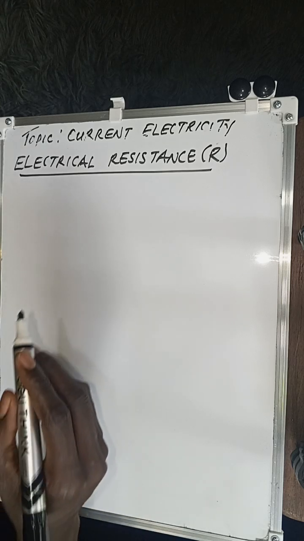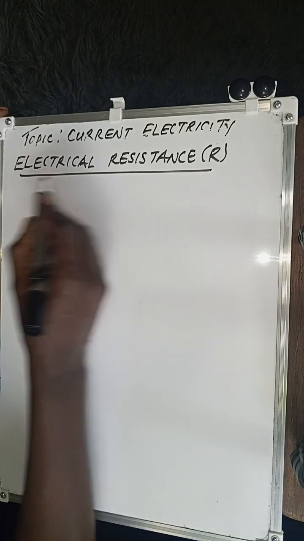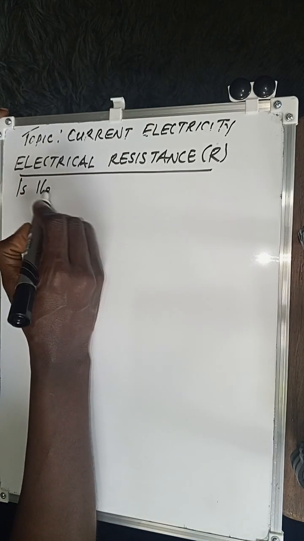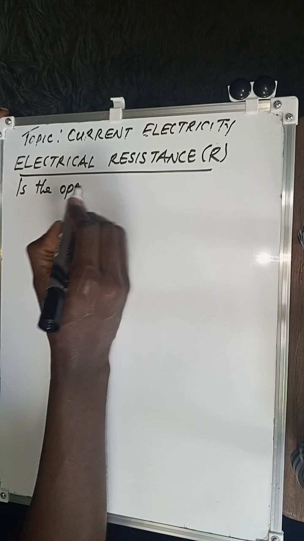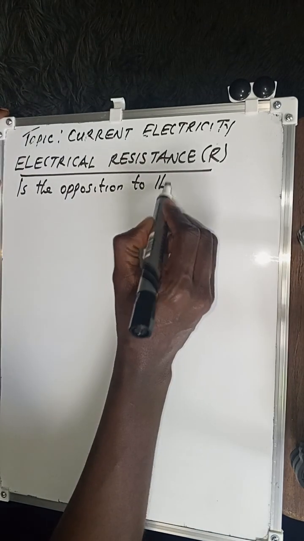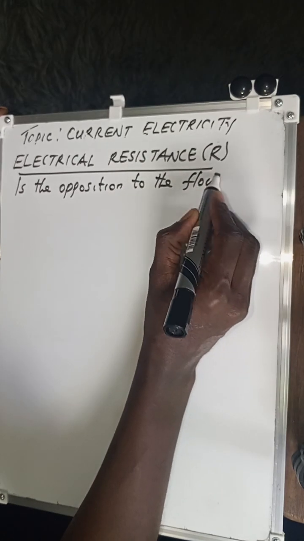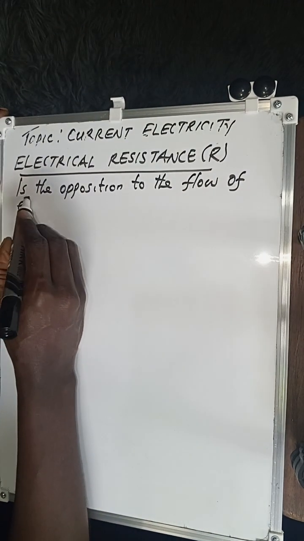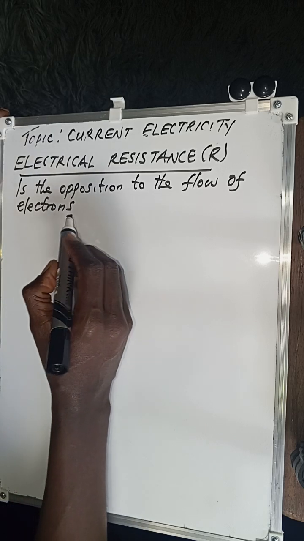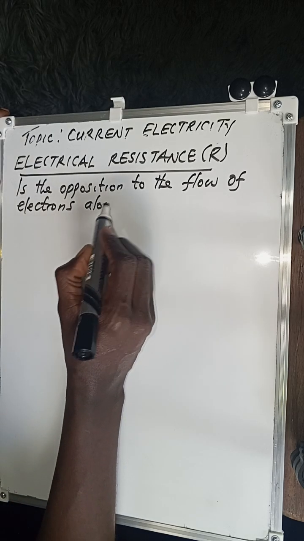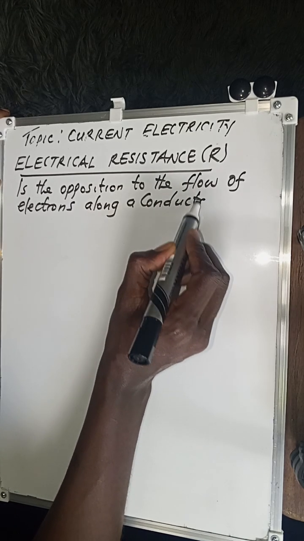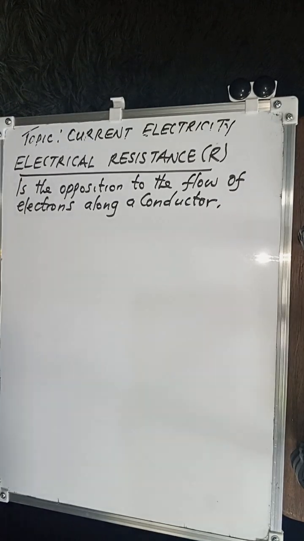So we can write: electrical resistance is the opposition to the flow of electrons along a conductor. So that is what we simply call electrical resistance.